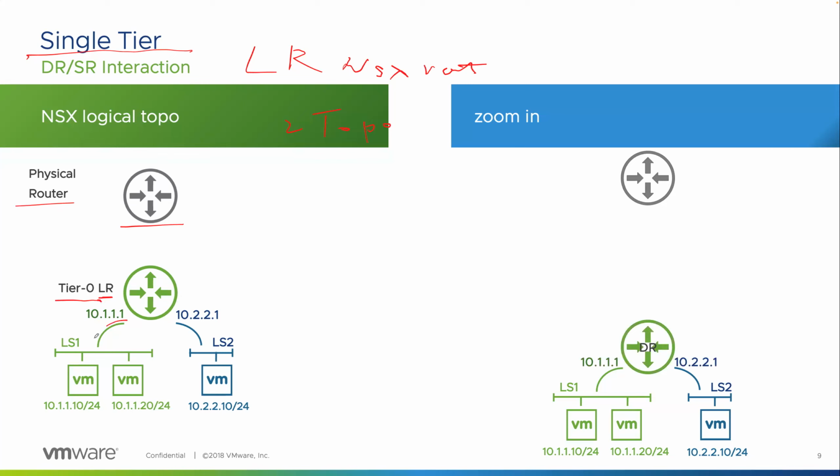And we just attach all of the VMs directly to this logical router. So that's single tier routing. That means when VMs want to talk with each other, they just go through one tier of router and then go to the destination.